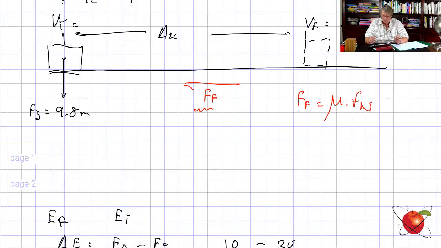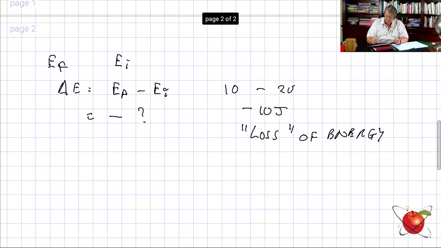That energy that's gone is the frictional force times the distance, isn't it? The work done by frictional force, work done by friction, is equal to FF times delta x, right? That is where the energy went.